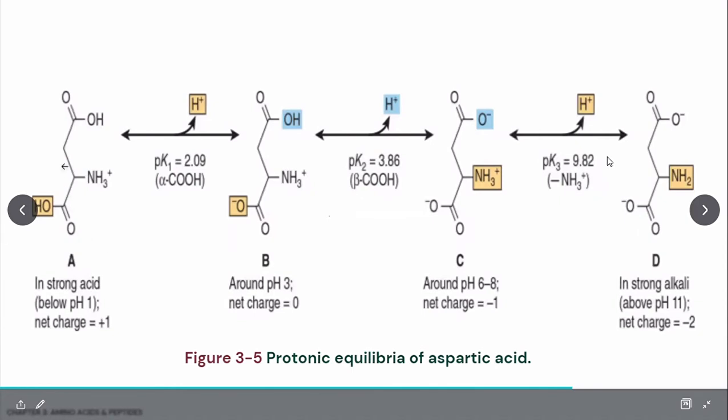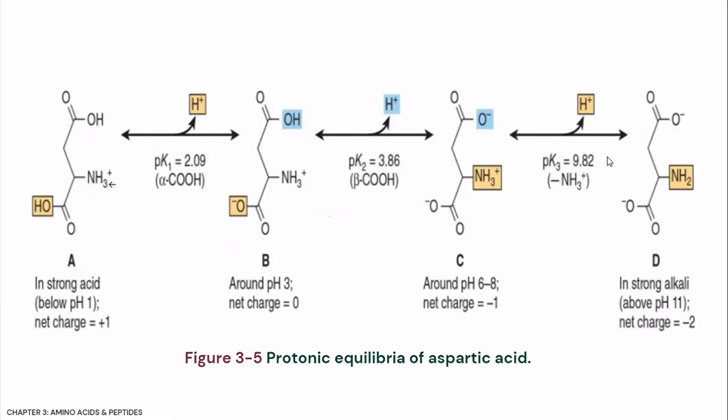Where you have your aspartic acid in strong acid, below pH 1, you will notice that your amino group is protonated and becomes positively charged. So the net charge here is positive 1.